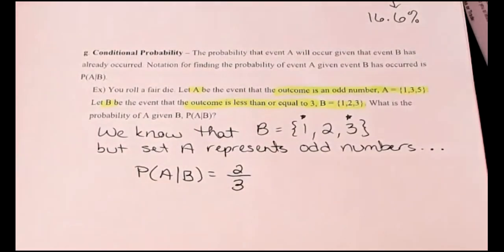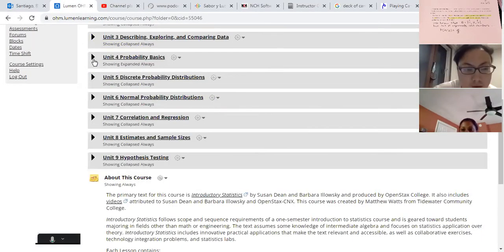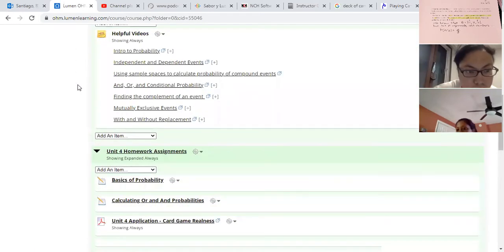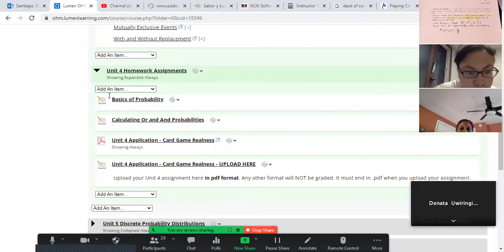While you're thinking about this, I want to look in our Lumen course. Take a look at your Unit 4 probability. There are a few examples and homework assignments here that pertain to the Unit 4 homework. I just want to show you what you have coming up.